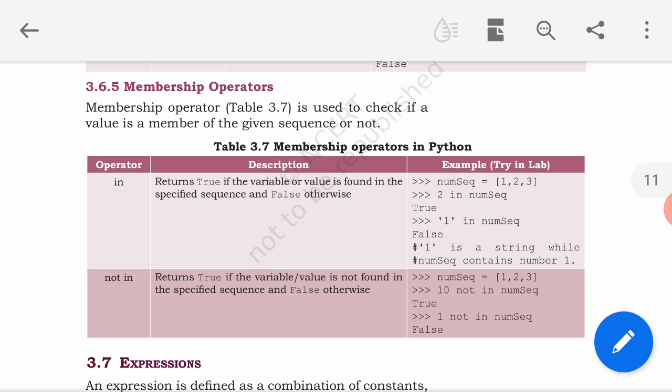This is the sequence. 10 not in num6 gives true because 10 is not available in this sequence. Similarly, 1 not in num6 gives false because it is in this sequence. So we can use a number of operators in Python.